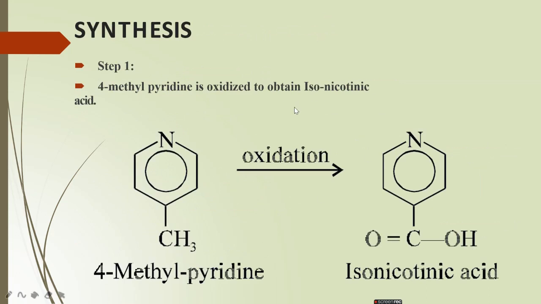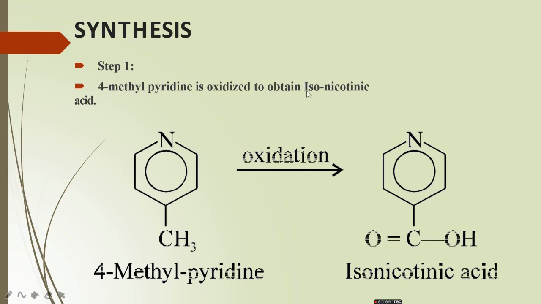So now come to the main part of the video lecture series. We are going to discuss the synthesis of the drug isoniazide. So the synthesis is divided into two steps. In step first, we have to oxidize 4-methyl pyridine to obtain isonicotinic acid.